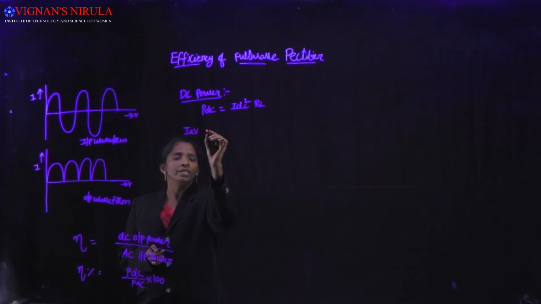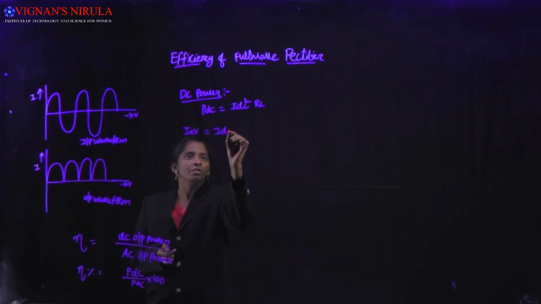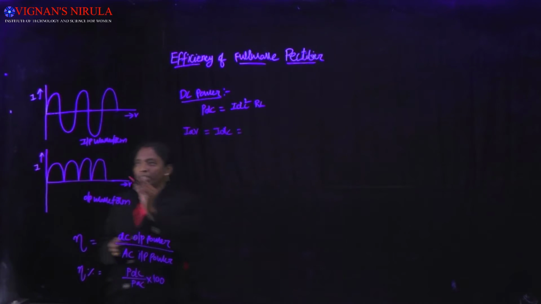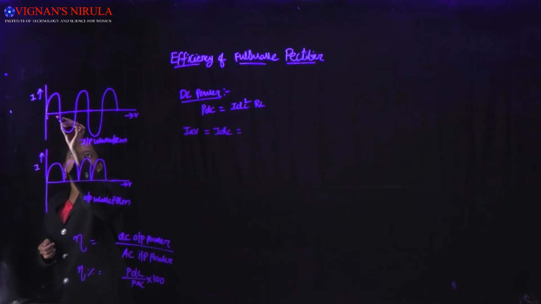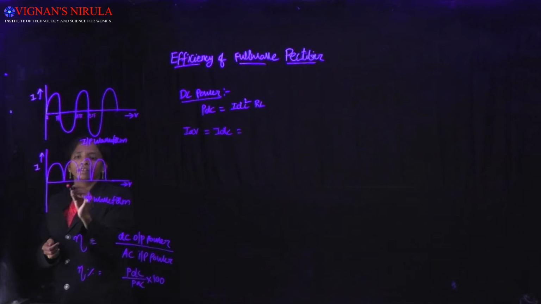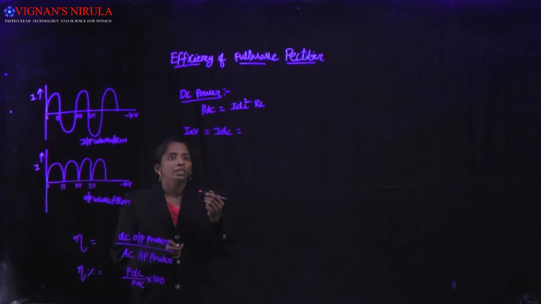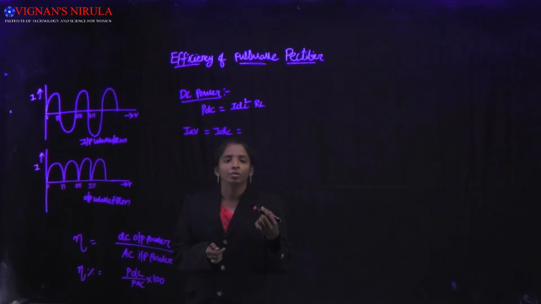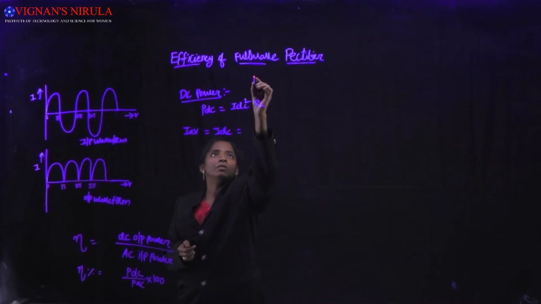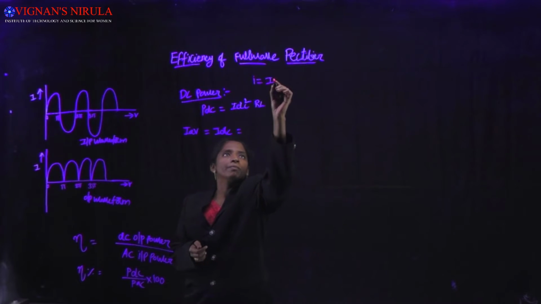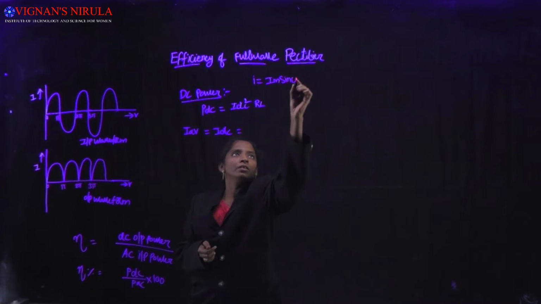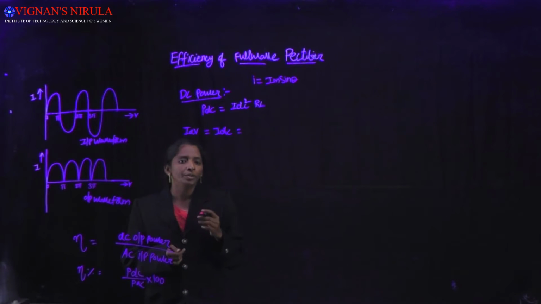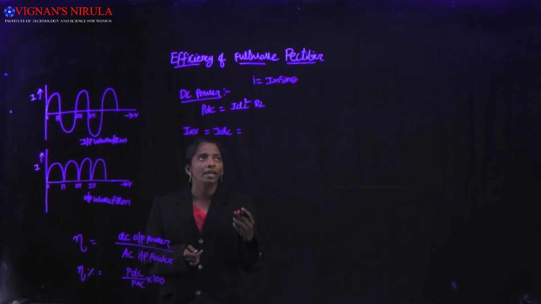So I average or IDC equal to, here we are taking input from 0, pi, 2 pi, 3 pi like this. Here the input current through the diode is I equal to Im sin theta.